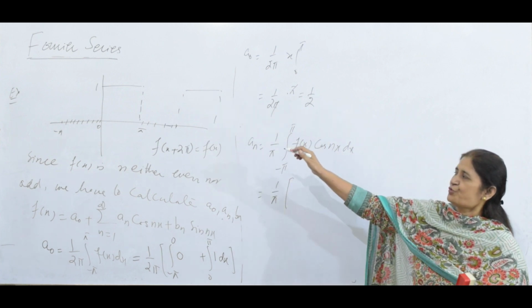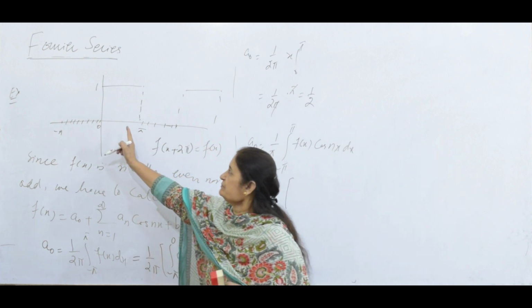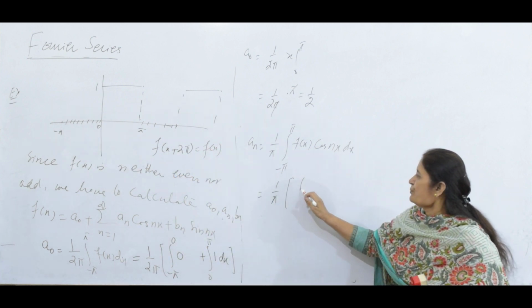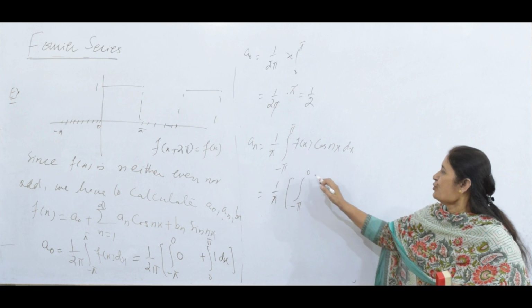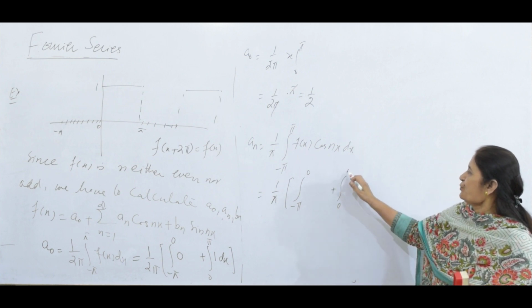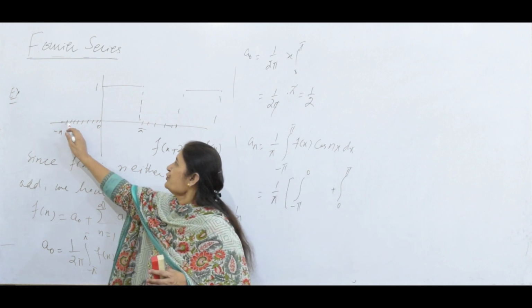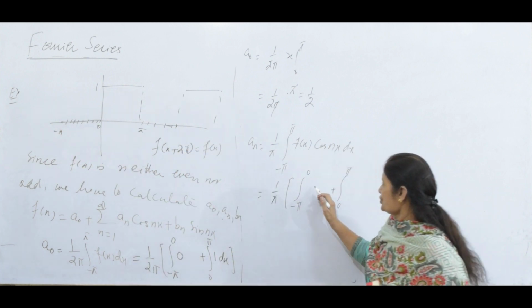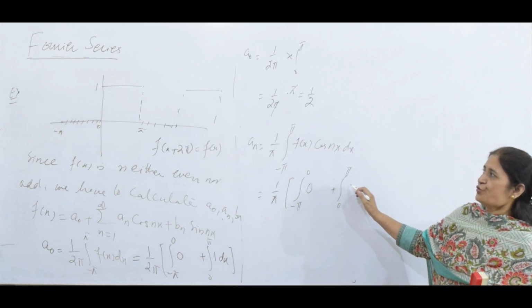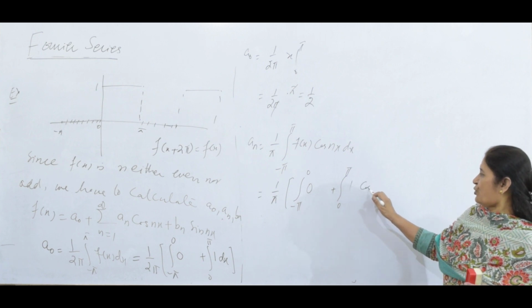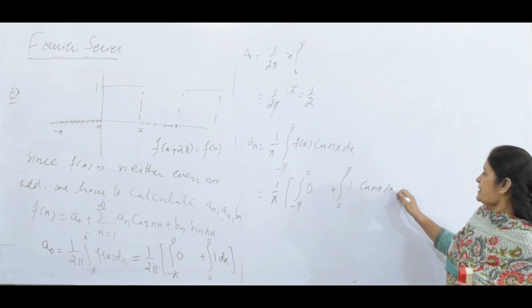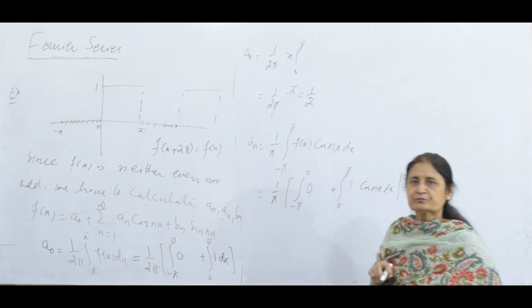Now minus pi to pi, look at the graph. So minus pi to 0 plus 0 to pi. From minus pi to 0, the value of the function is 0. And from 0 to pi, it is 1. Cos nx dx, in bracket close.